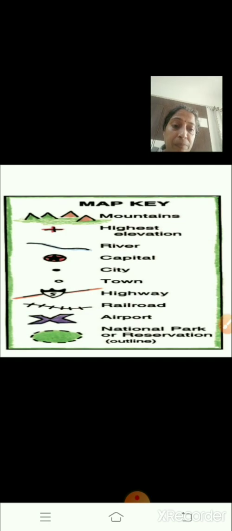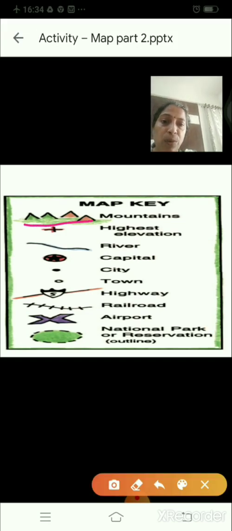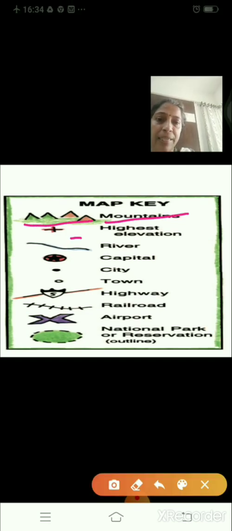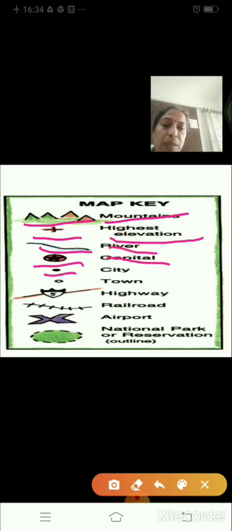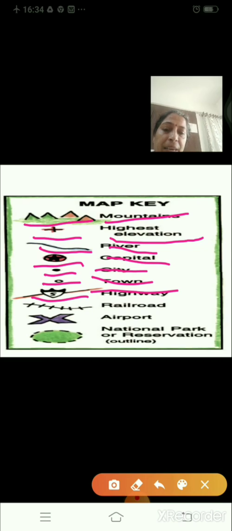See here, this symbol denotes mountains and this one denotes highest elevation. This one denotes river. This one capital. This one city. This one town. This one highway.